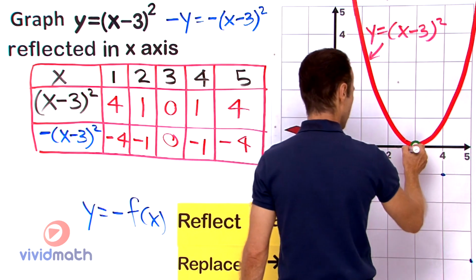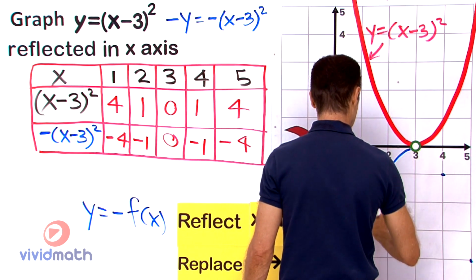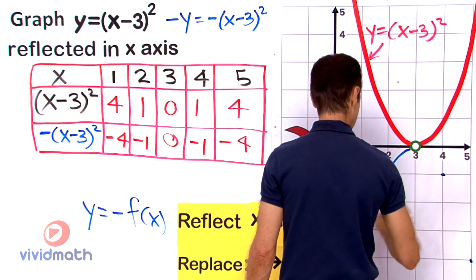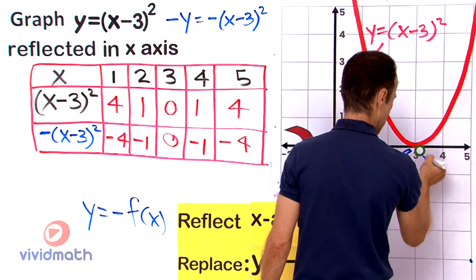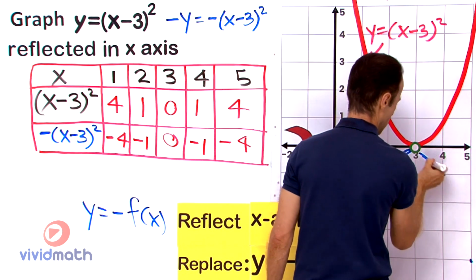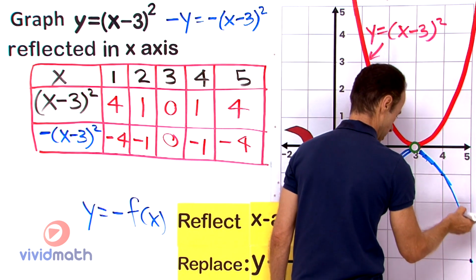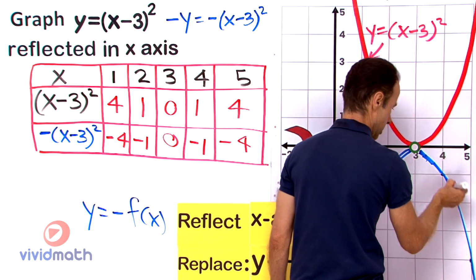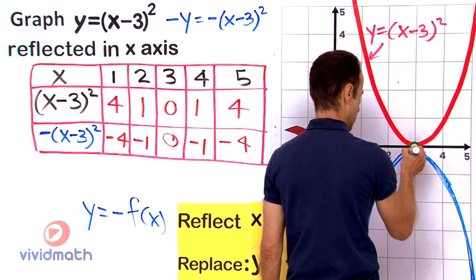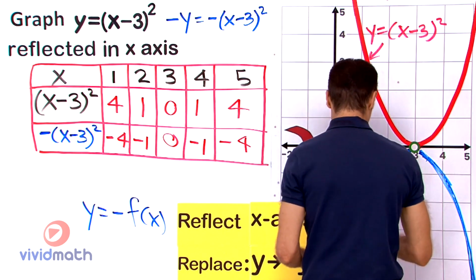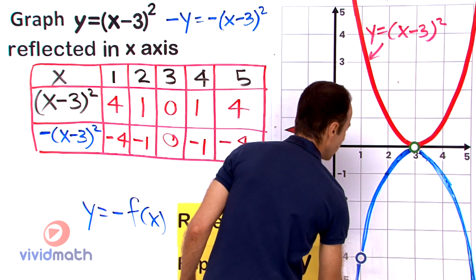So the graph's going to look like this. So there's the graph there, and I'll just put in the points again.